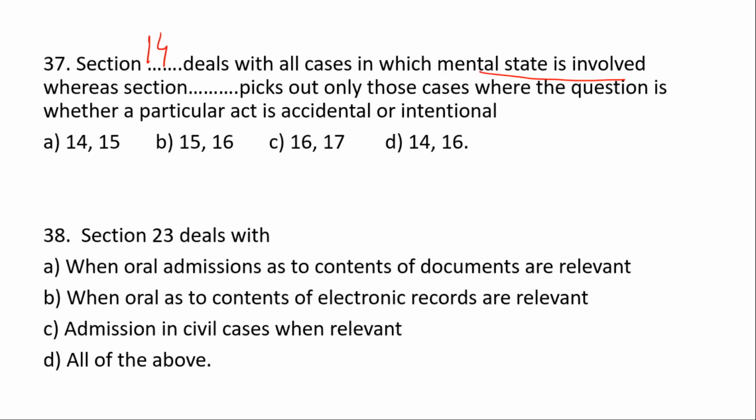It is dealing with all cases in which mental state is involved, whereas section 15 speaks only of those cases where the question is whether a particular act is accidental or intentional. So the answer is sections 14 and 15. Keep in mind that section 14 deals with all cases where mental state is involved, and section 15 picks up those cases where the question arises whether a particular act is accidental or intentional.